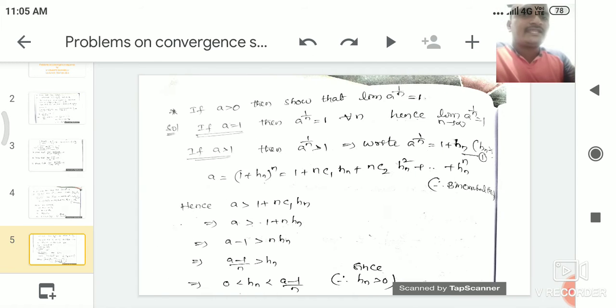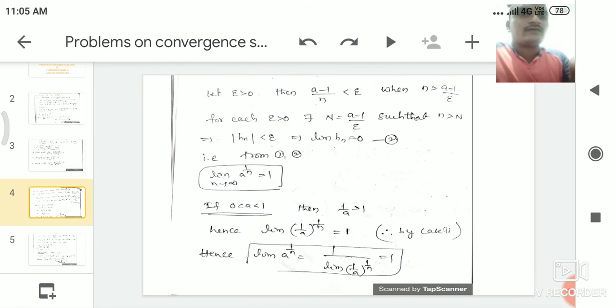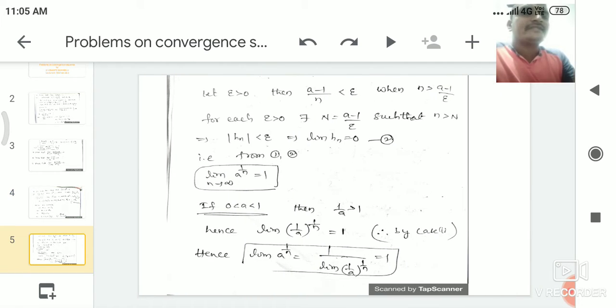If a is greater than 1, the limit of a^(1/n) is 1. If 1/a is greater than 1, this case is also true for 1/a, that is, the limit of (1/a)^(1/n) is equal to 1. From that we get the limit of a^(1/n) is equal to 1.